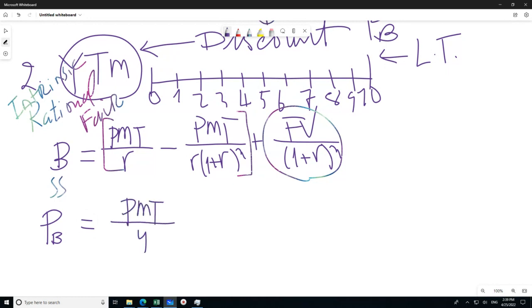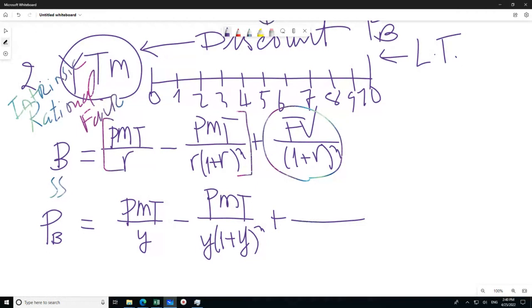Payment over Y times 1 plus Y raised to N, plus face value over 1 plus Y raised to N. And then you might wonder, Professor, why did you do that? What's the difference? Isn't that the same thing?